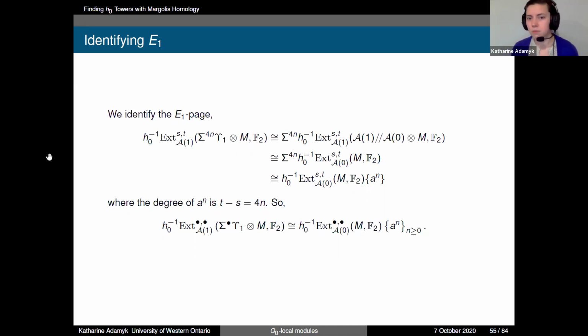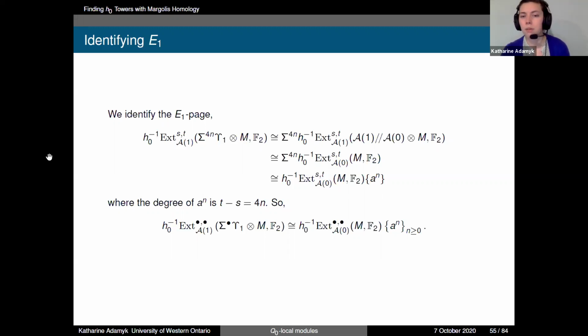Then I'm using the change of rings isomorphism to say, instead of computing Ext over A1 of A1 mod mod A0 tensor M, I can compute Ext over A naught of M, F2. And then instead of writing the suspension, I'm just writing this as Ext over A naught of M, F2 on A to the n, where the degree of A to the n is 4n.